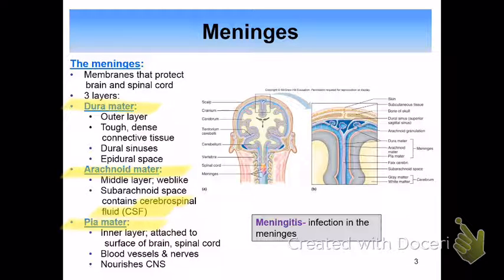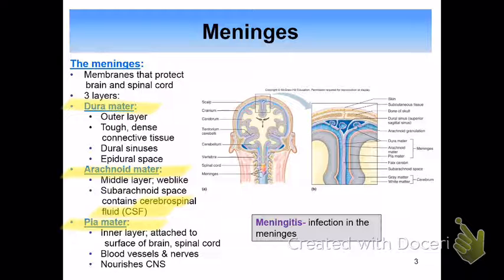We don't want the meninges to be infected. I always think, you've got good bacteria all inside your gut, all inside your mouth, but in the meninges you don't have any bacteria. So there is no normal flora in the meninges.